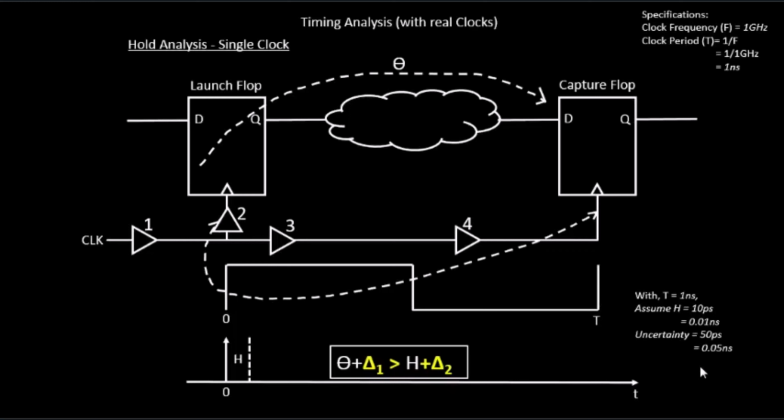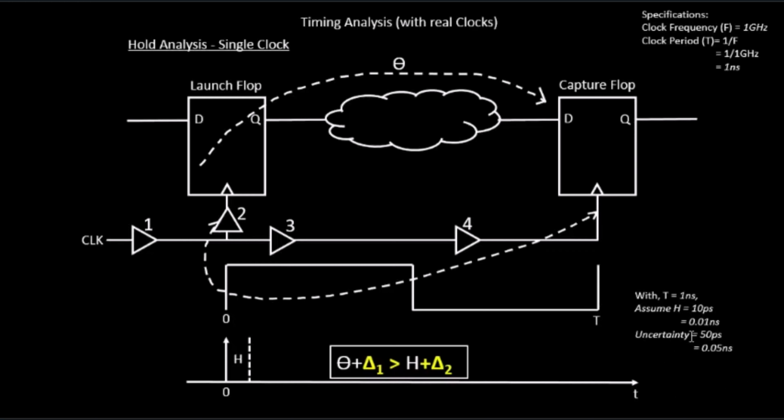The uncertainty there is even more, because there are different edges going to the launch flop and the capture flop. This edge goes to the launch flop and this edge goes to the capture flop. See, the amount of uncertainty is even more. In this case, since it's the same edge, things have become very simple for us, and the uncertainty can be kept at a low value.